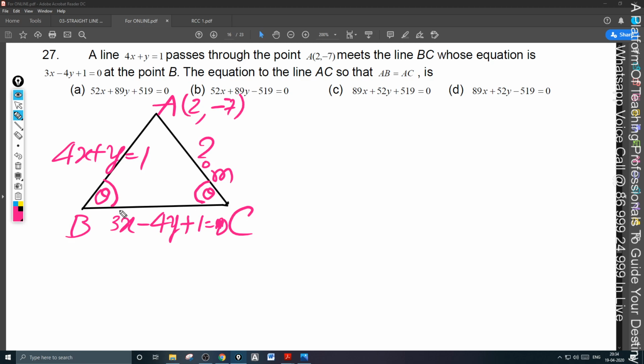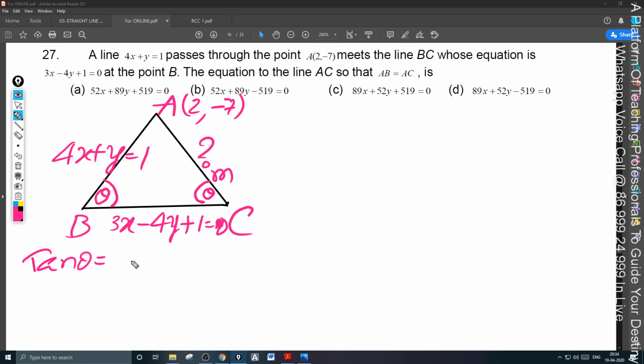Because AB is equal to AC is given, this is theta, this is theta. Now let me find out tan theta here. Tan theta is equal to m1 minus m2 by 1 plus m1 m2.